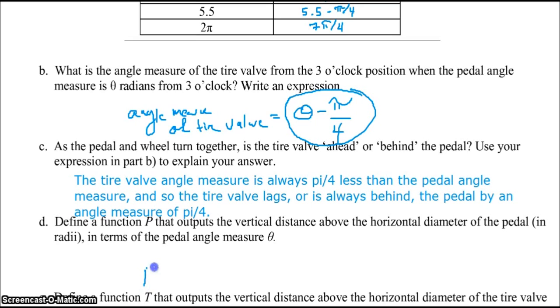So p of theta, that's just going to equal sine of theta. Since we want our output in radii, we're just talking about the pedal. Just circular motion, you can get that vertical distance above the horizontal diameter with the sine function.